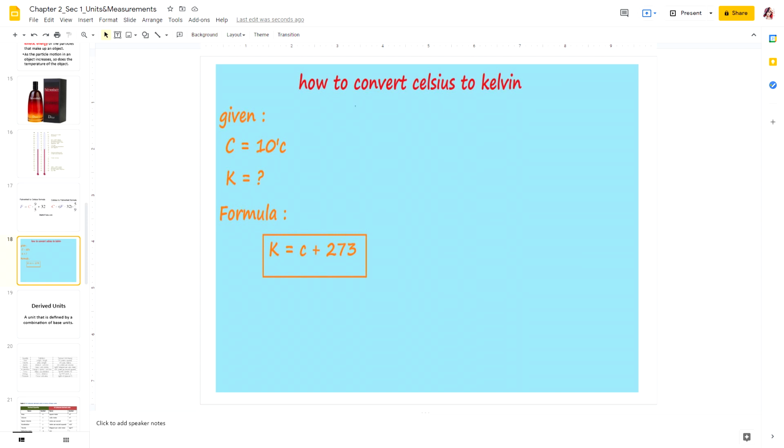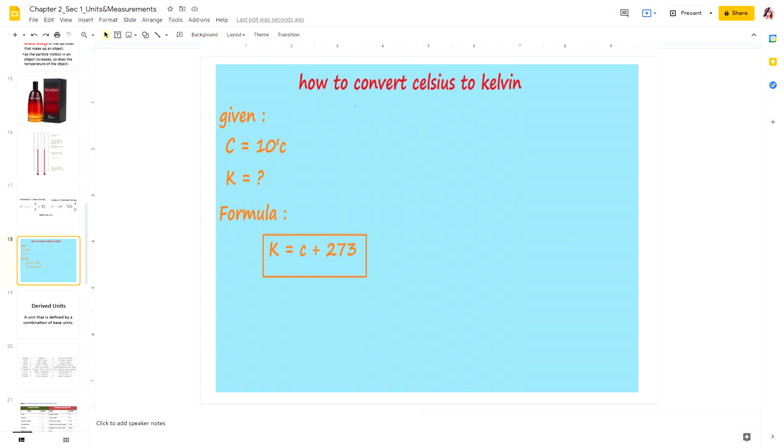If you're given the Celsius, you always have to add 273 to that Celsius reading to get the Kelvin. So for example, if you're given 10 degrees Celsius, what will be the equivalent reading in Kelvin? That's 10 plus 273, that becomes 283.